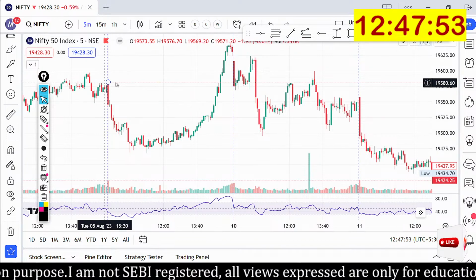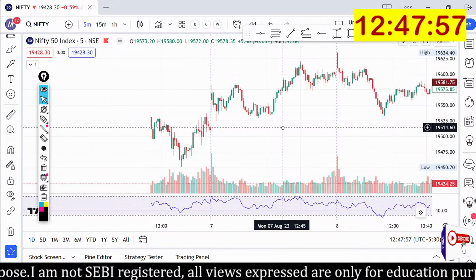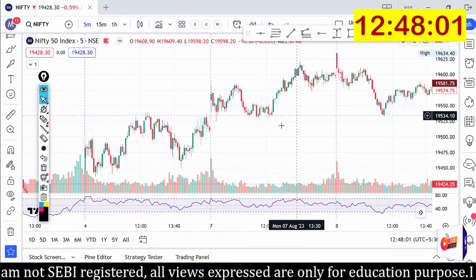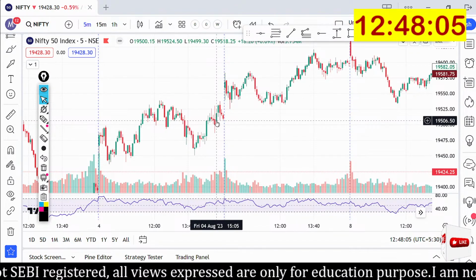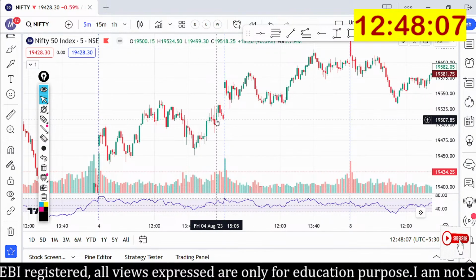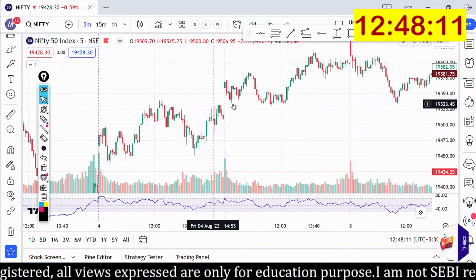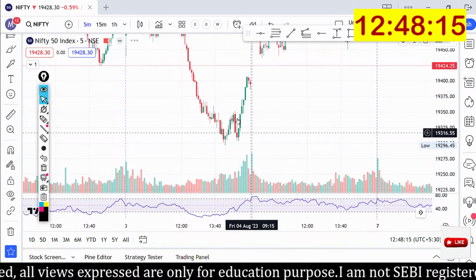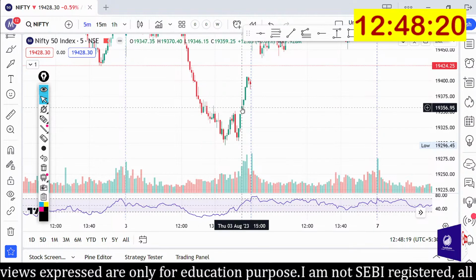Say, look at whether this day's high is broken. Most of the time at 3 o'clock, what is happening? Option premium eating. Here, around 3 o'clock, again hardly one momentum, right? Again it went back to the high of the day and then fell again. Now here, at 3 o'clock, this level was broken.